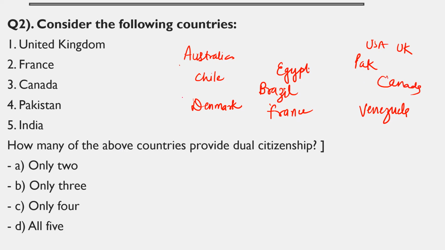Among these, all four countries can provide, but India is not on the list of countries providing dual citizenship. So the correct answer for this question would be only four. The rest of the countries are providing it, except India.